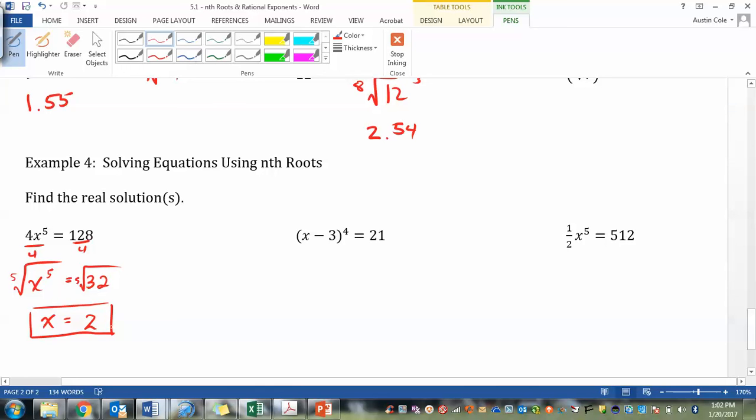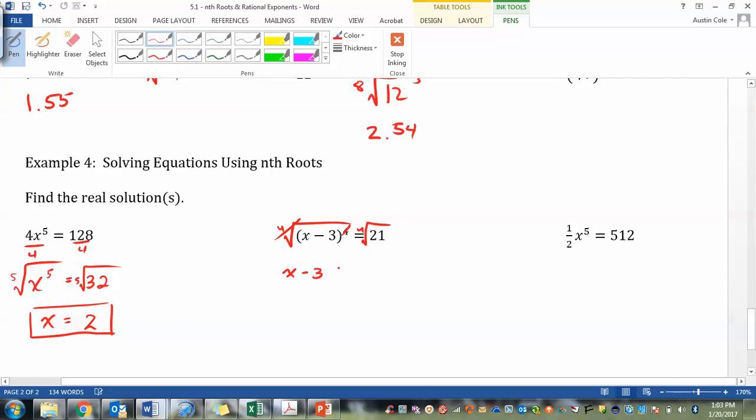Okay? Now, since the whole expression x minus 3 is to the 4th power, we need to get rid of that first. So we're going to take the 4th root of both sides. All right, so now the 4th root and the 4 go away. So guys, watch this. I'm going to have x minus 3.